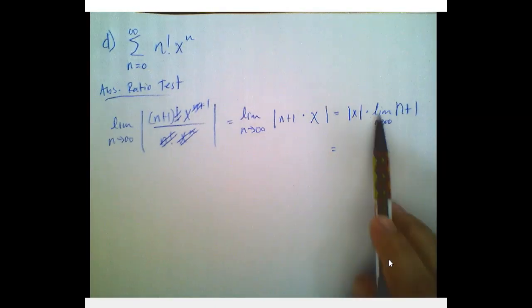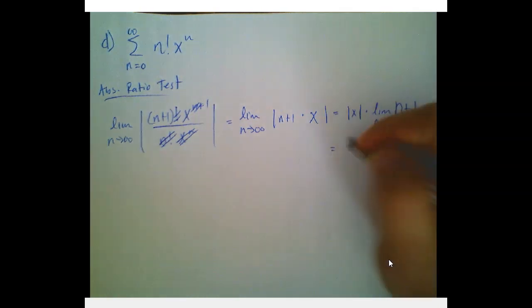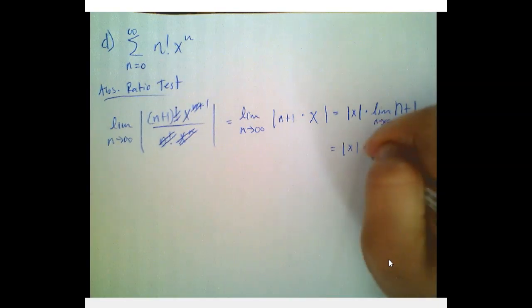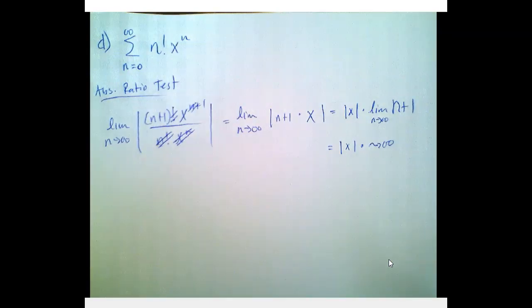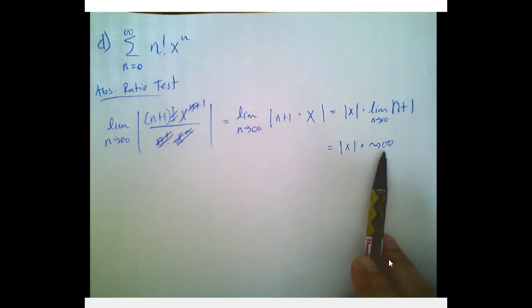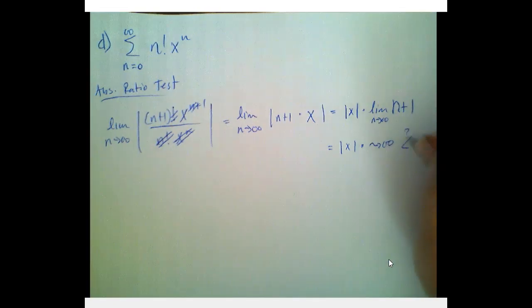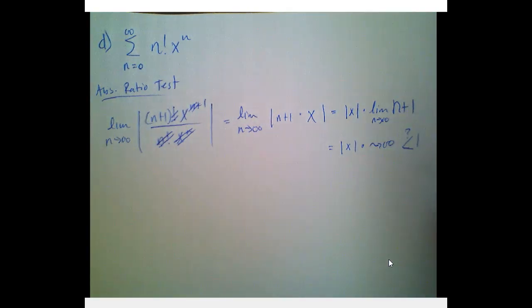Okay, so we know that this limit goes to infinity. This is approaching infinity. So the only value of x that makes this less than 1 is what? 0, right?